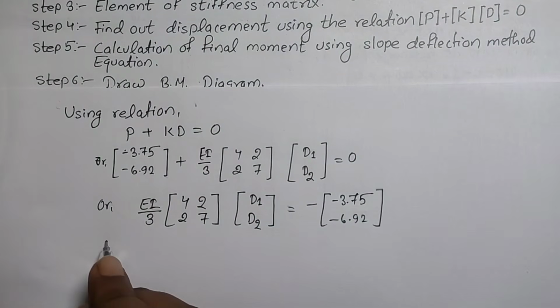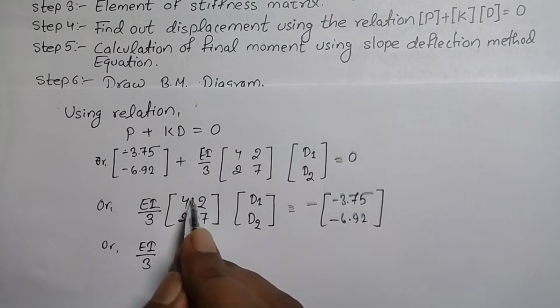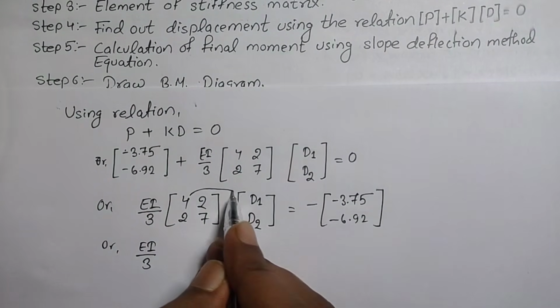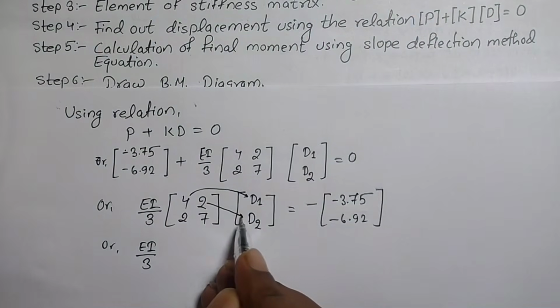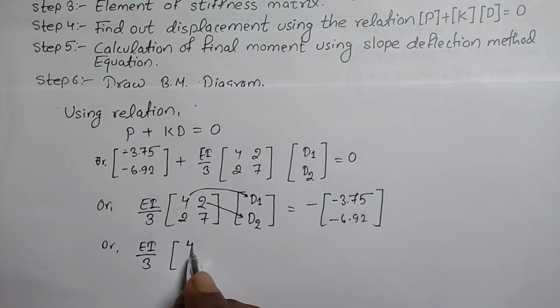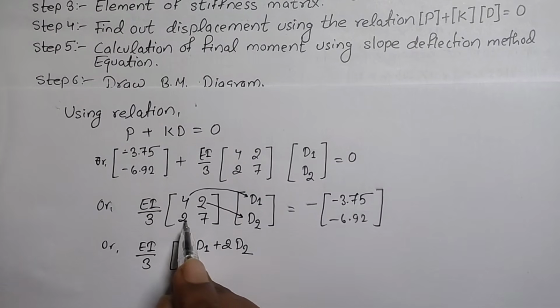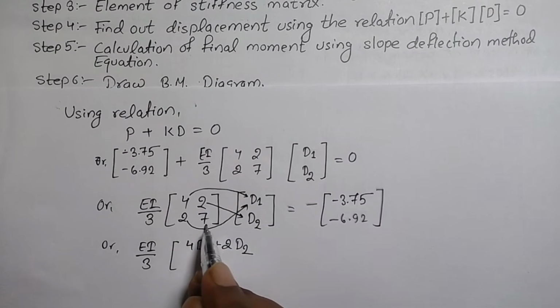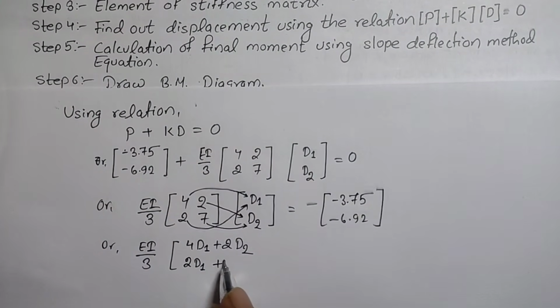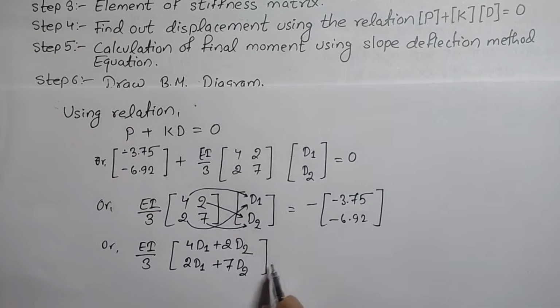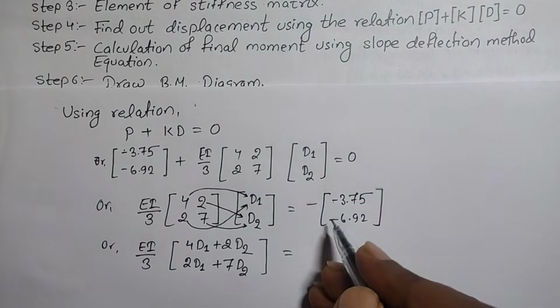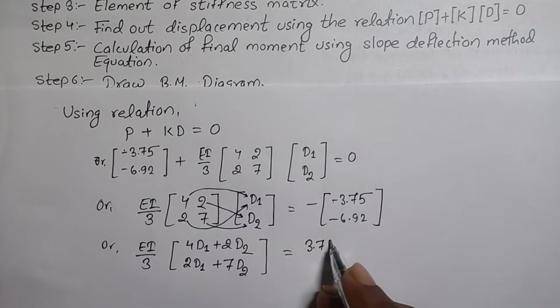Now let us do the vector multiplication here: multiply this 4 with D1 and this 2 with D2. Then we will have 4 D1 plus 2 D2. Similarly, 2 D1 plus 7 D2 will be equal to, this negative sign turning positive, 3.75, 6.92.